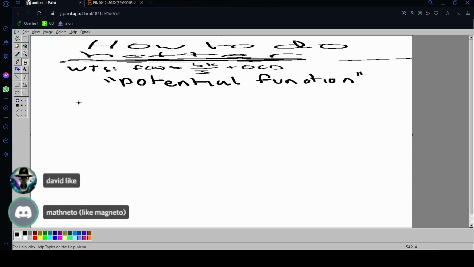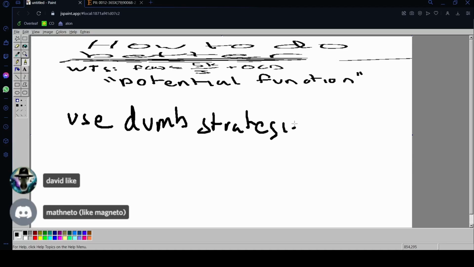A general rule of thumb in math is that oftentimes, to prove things, you use dumb strategies that are easy to analyze, rather than coming up with the smartest strategy.